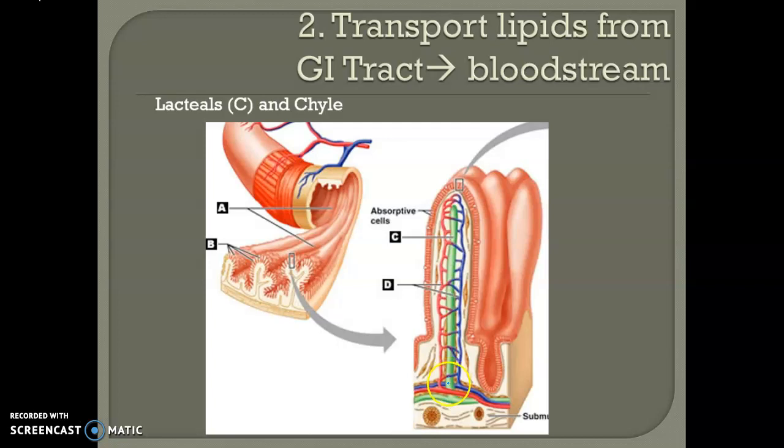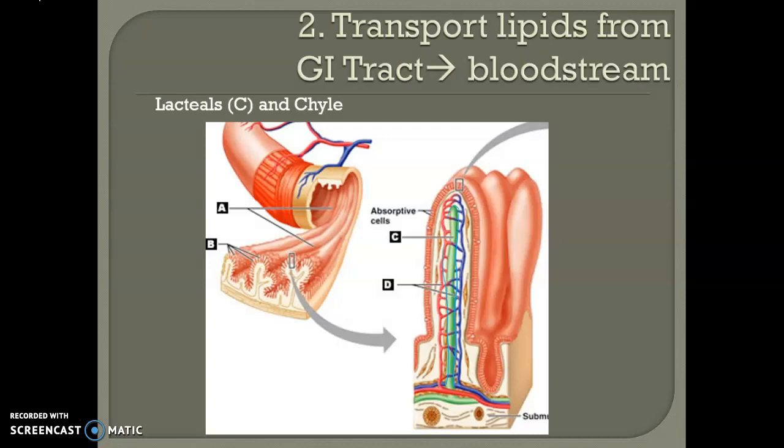The green vessel that you see right here is called a lacteal, and the lacteal absorbs the larger lipid molecules and drains them into larger lymph vessels, and eventually they go into the bloodstream.